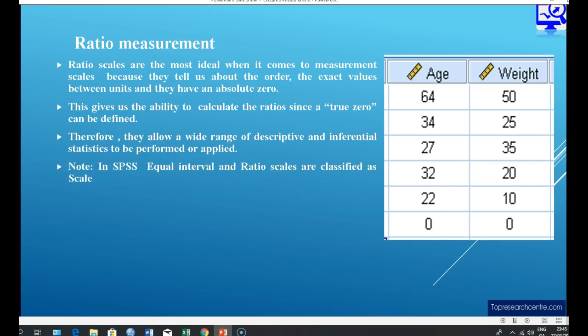In SPSS, equal interval and ratio scales are classified as scale. So I think I have already indicated this several times that equal interval and ratio scales in SPSS are classified as scale. So in general, these are the levels of measurement we have.